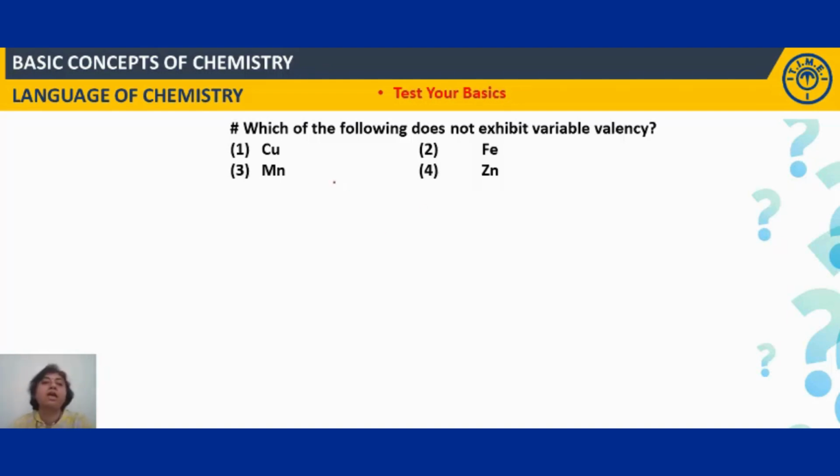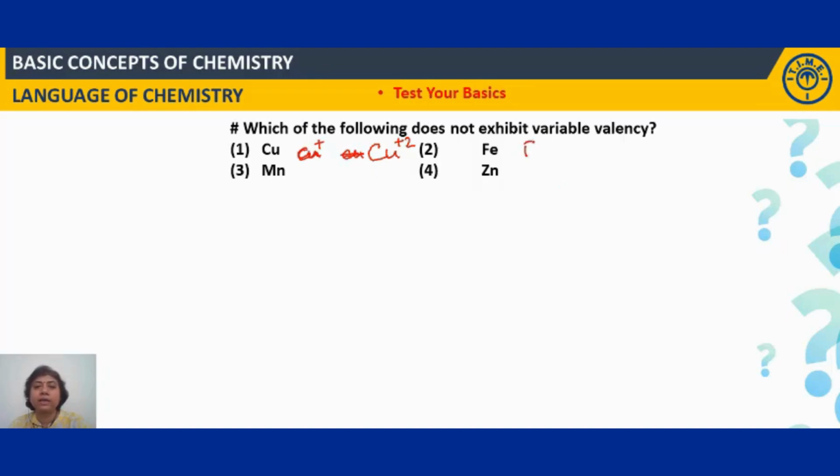Copper, we have already discussed just 2-3 questions back, the variable valency of copper. So it is Cu, C is capital, U is small, Cu+1 and Cu+2.